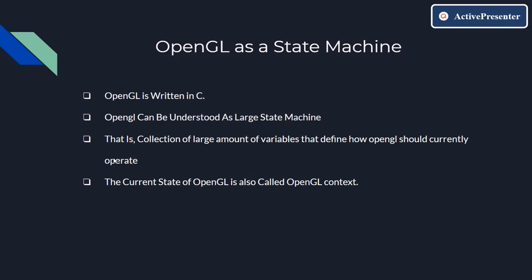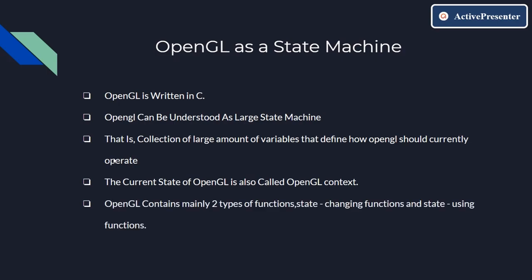The current state of OpenGL is also called OpenGL context. And as I said, OpenGL contains mainly two types of function, a state changing function and a state using function. So is OpenGL clear to you? That's a very vague question, isn't it? But what I told, is it clear? So now let's move on to something new.